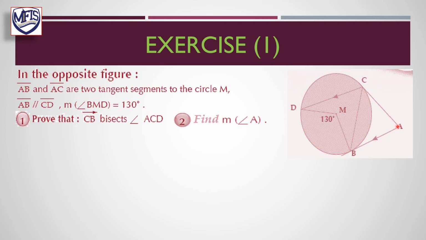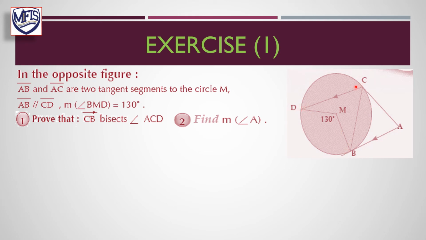Now, point A is outside the circle M, therefore AB and AC are two tangents of circle M. That means AB equals AC. Okay? Now, measure angle ABC equals measure angle ACB. What about the value of angle CBA? Measure angle CBA equals 65. How? From parallelism.